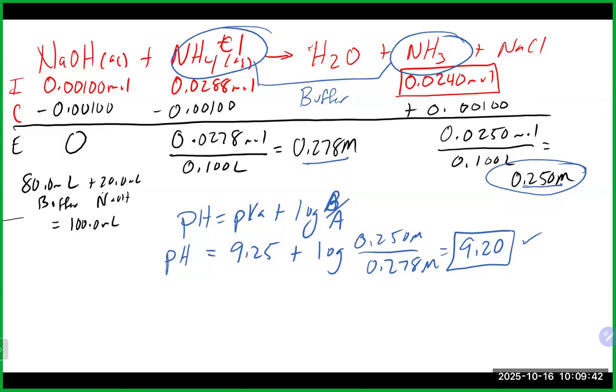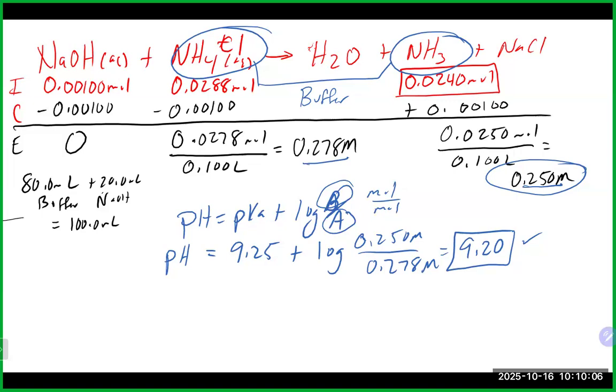Now, truth be told, it is a really good idea to convert back to molarity, and I would highly recommend it always. But you can get away with leaving it in moles at this point and use the Henderson-Hasselbalch equation. That's because when you put moles on top and moles on the bottom, or molarity on top and molarity on the bottom, the volumes cancel out anyway. So you can use moles and moles in the Henderson-Hasselbalch equation, and only really in the Henderson-Hasselbalch equation.